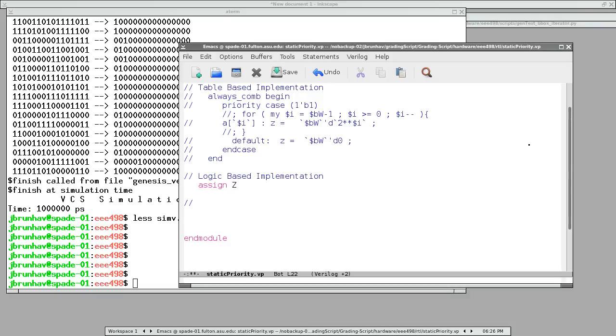So we can say, well, z at bw is equal, and so what we would do is just walk through the bits individually. So logically, the only way that the most significant bit of z will be 1 is if and only if the most significant bit of a is 1.